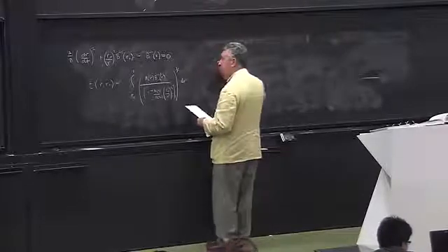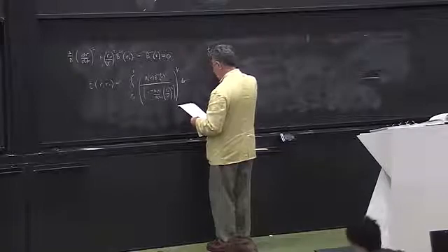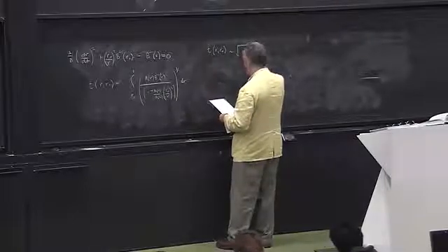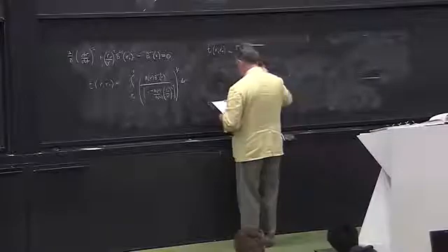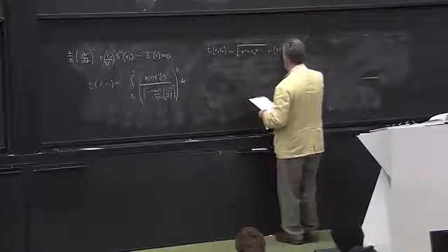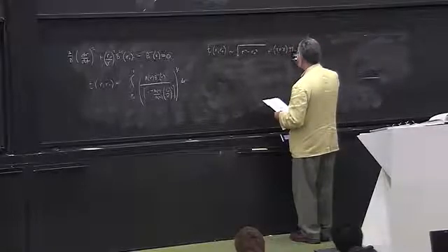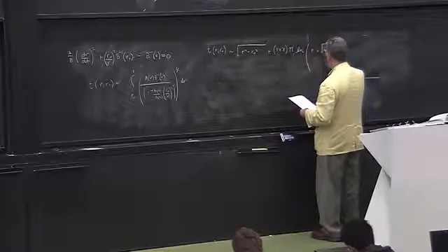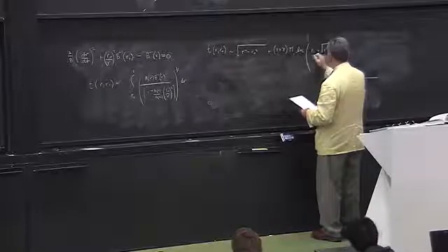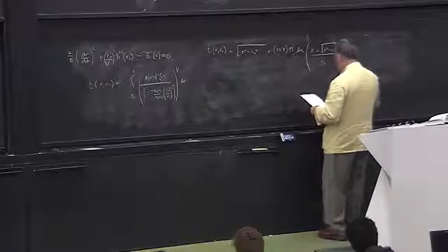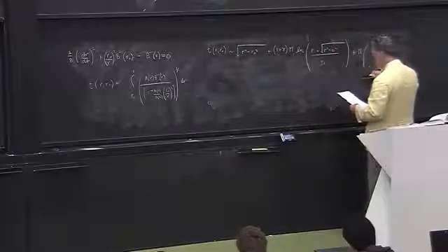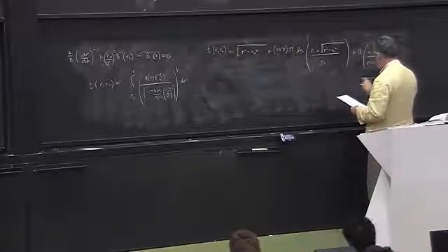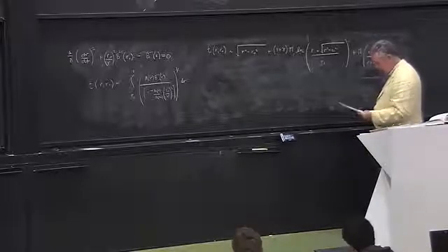And I'll just quote you the result. This is a logarithm of r plus the square root of r squared minus R0 squared over R0, plus m times r minus R0 over r plus R0 to the half.